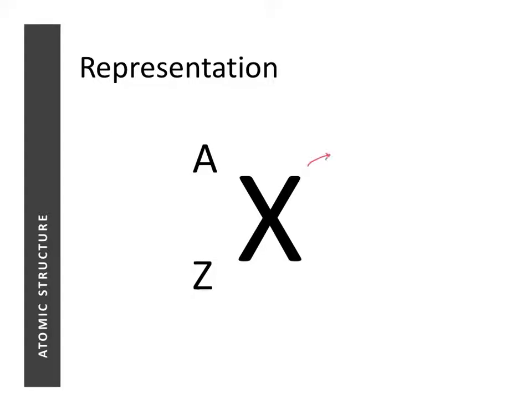X represents the symbol, so it tells you what element we are looking at. Z is the proton number, or sometimes we call it the atomic number. And then A is the mass number, or sometimes we call it the nucleon number.